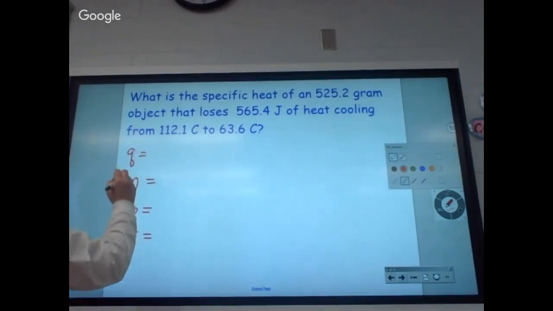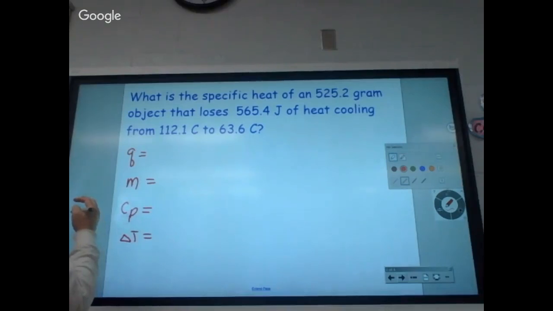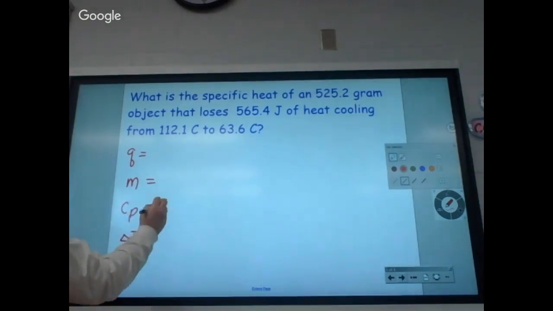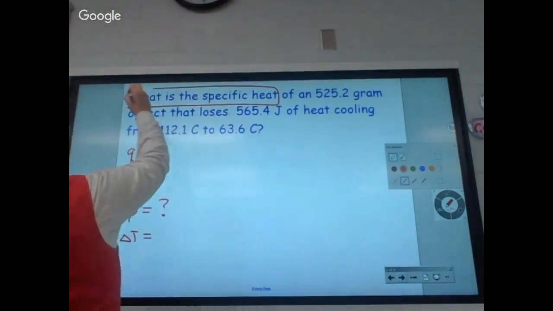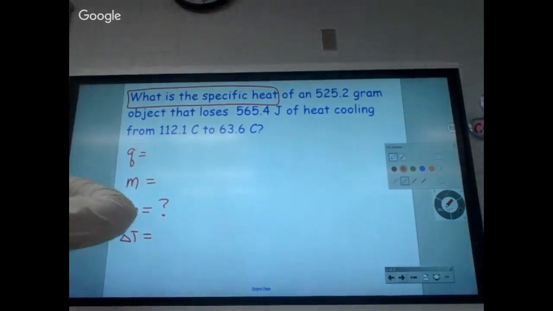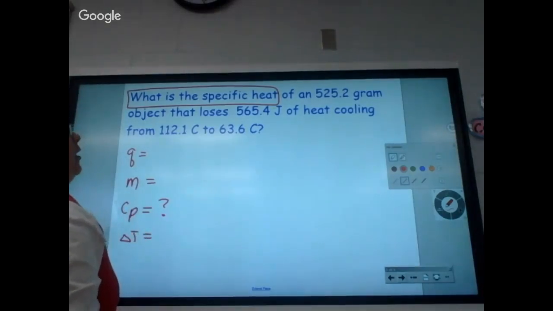We're looking for specific heat, so we're looking for CP. We don't know the CP this time.